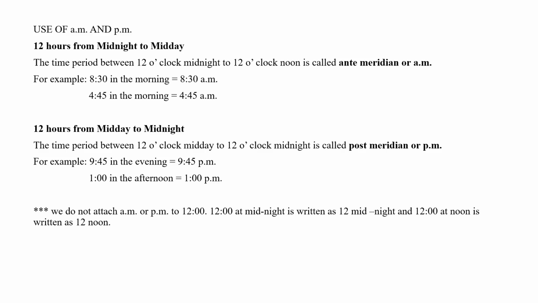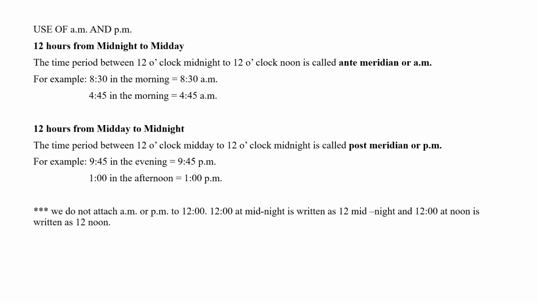For example, 8:30 in the morning, we usually say 8:30 AM, or 4:45 in the morning, which is 4:45 AM. While writing the time between 12 o'clock midnight and 12 o'clock noon, we use AM.